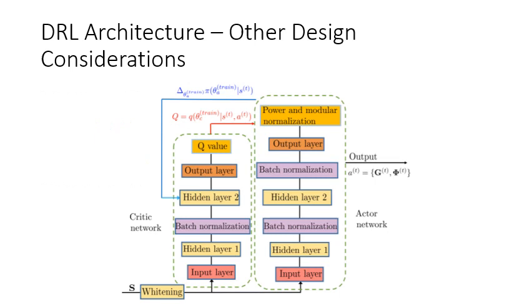network. Above is a diagram of the neural network architecture with the critic network on the left and the actor network on the right. They are both two hidden layer dense neural networks with a couple changes.